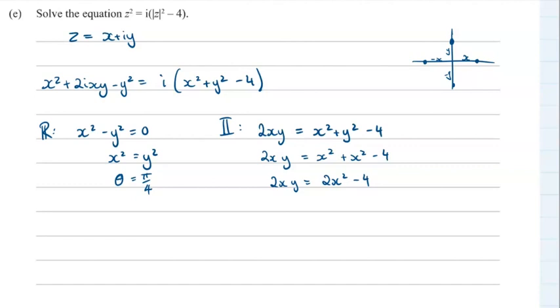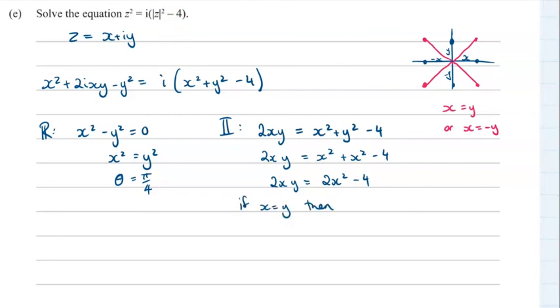Now think about this on an argand diagram. If we're saying that x squared is equal to y squared, then it means either that x is equal to y, which would give us these two possibilities, or that x is equal to minus y. So solving this here with the square roots involved, it could be x is y or x is equal to minus y. So we've got some possibilities to think through here.